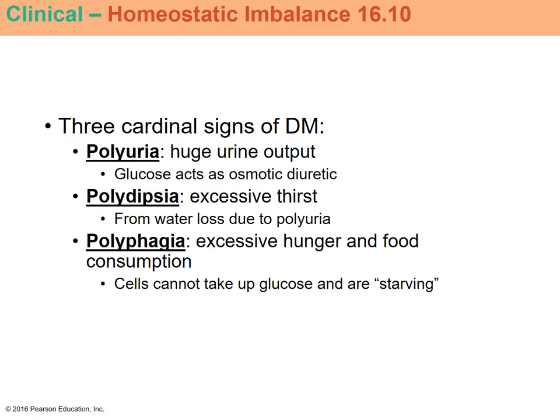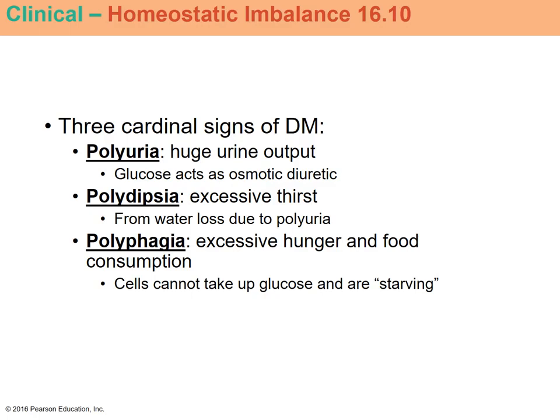Polyuria, which is a huge urine output. Glucose can act as a diuretic, and so that increases the amount of water into the urine, and so you tend to have very dilute urine and having to basically release a lot of urine.